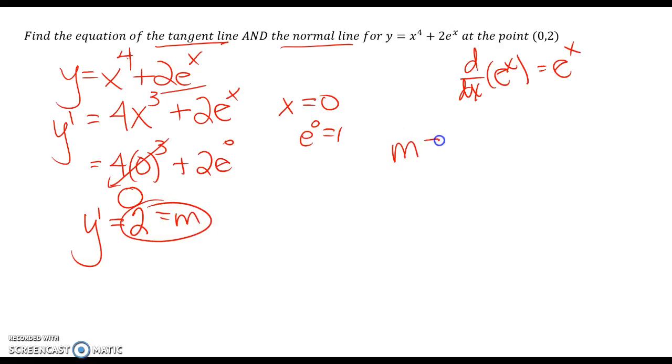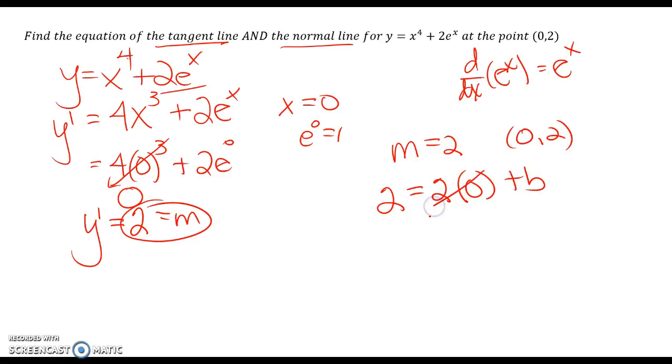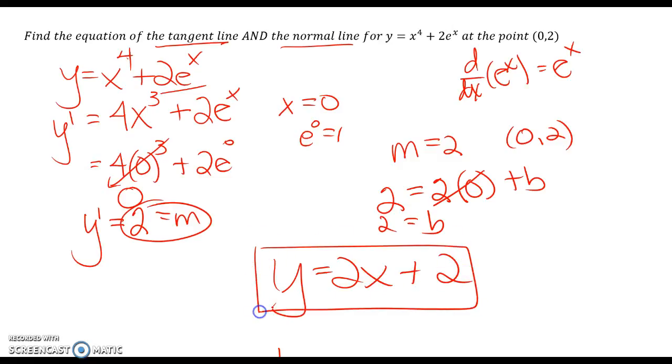So now I have that slope of 2 and the point of 0, 2. So y is 2 equals mx plus b. That's 0. b equals 2. Overall, y equals 2x plus 2. Now, should have left myself more room.